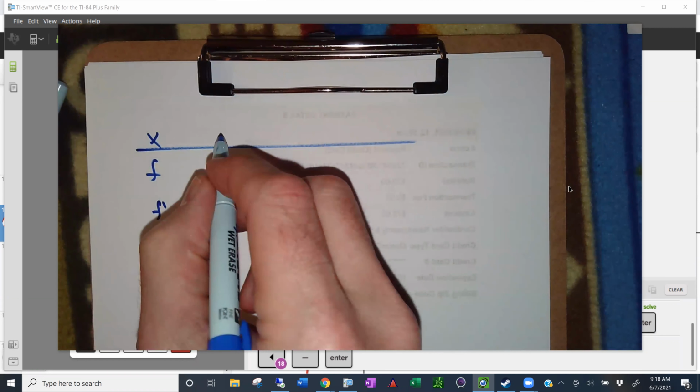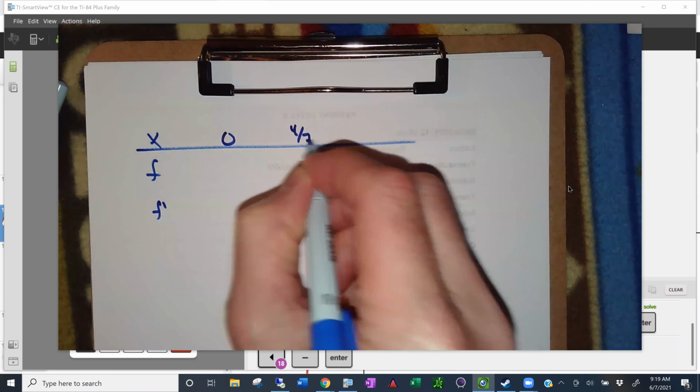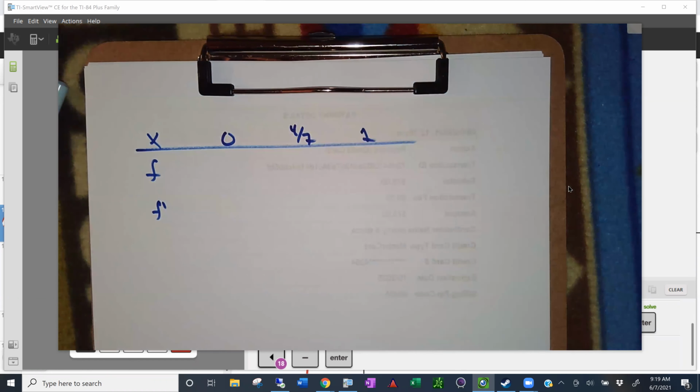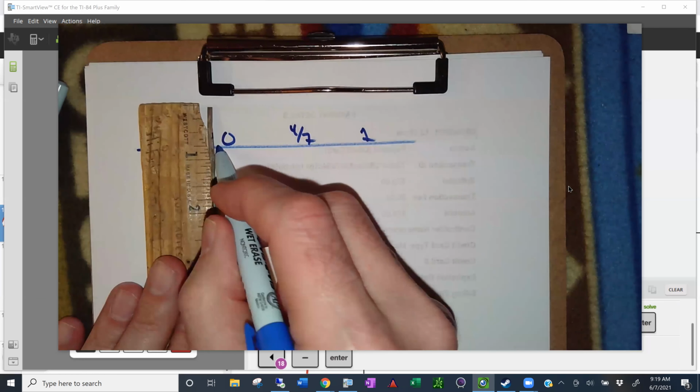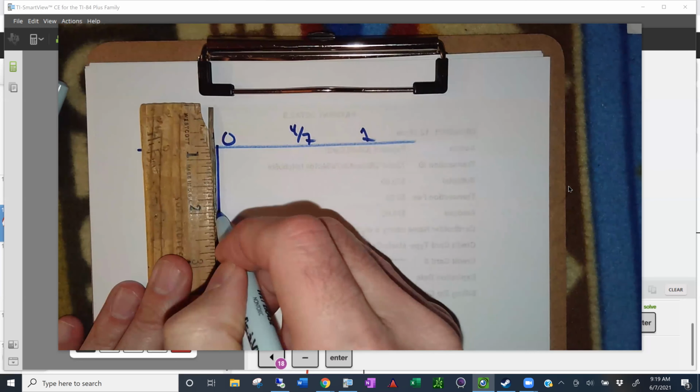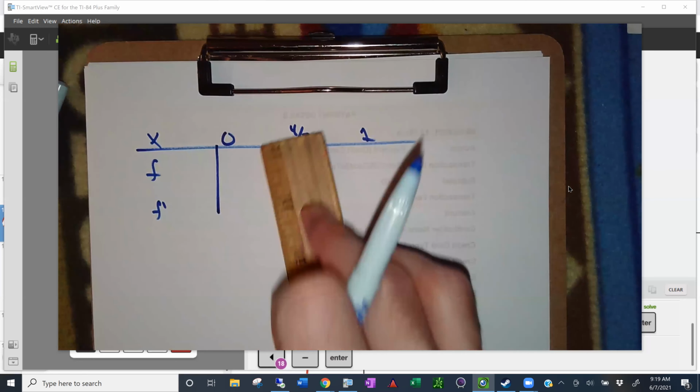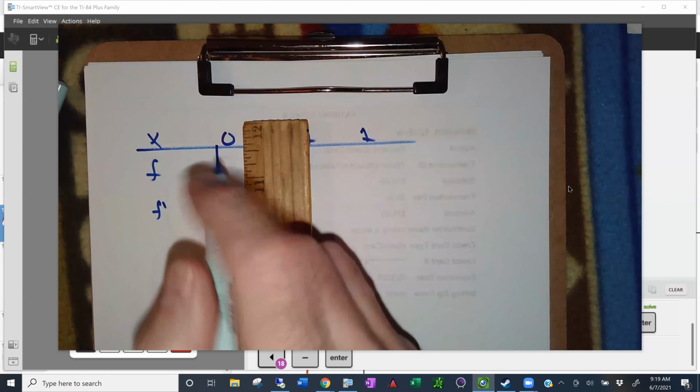X, F, F prime. And then there was three places where the function changed signs. One was at 0, the other was at 4/7, and the other was at 1. So if we line these up a little bit, gather some more information, then we should be able to tell a lot about the function.